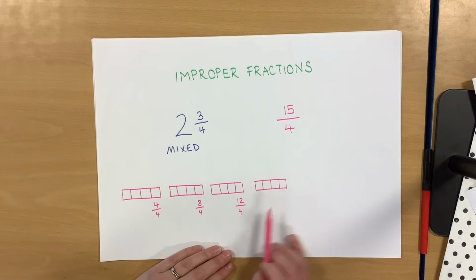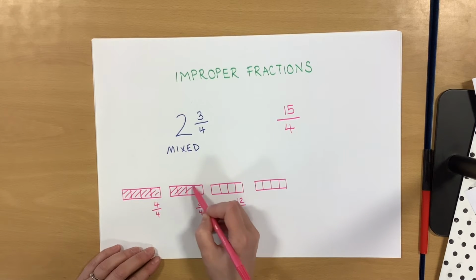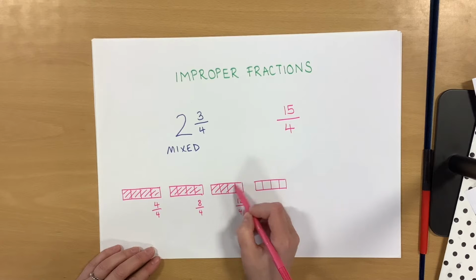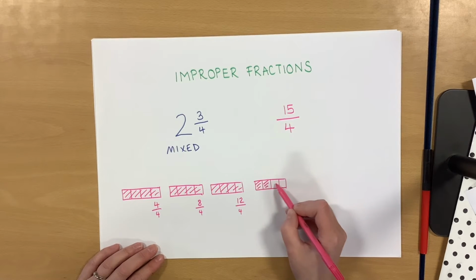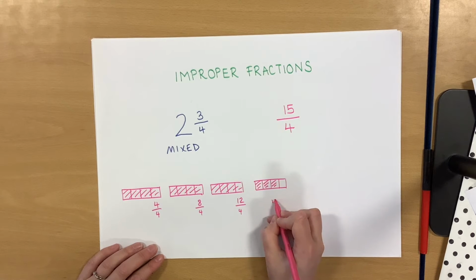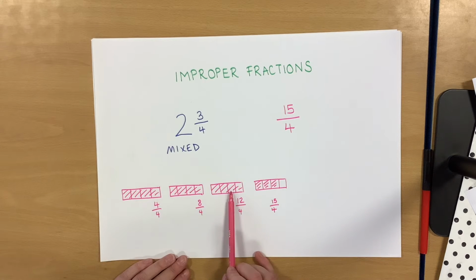So I don't want them all. I want all of these. 4, 8, 12, but then I just want 13, 14, 15. Okay, so you can see that 15 quarters is the same as 3 whole ones and 3 quarters.